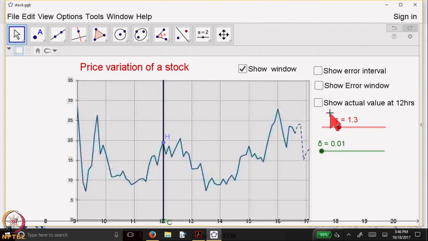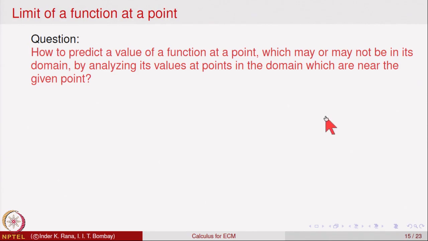So, let us try to make it more precise by looking at a function. The question we want to analyze mathematically is how to predict the value of a function at a point which may or may not be in its domain. The function may not be defined there at all, but it is defined at all points nearby.